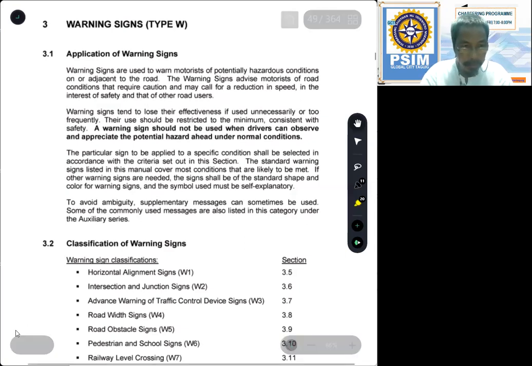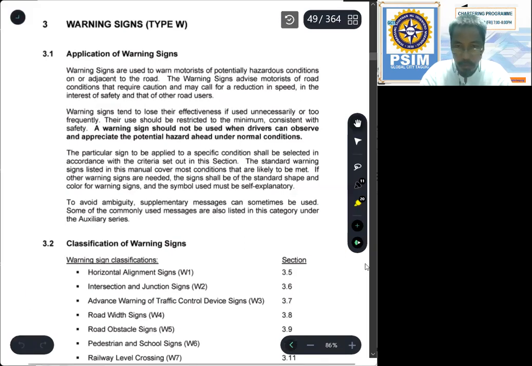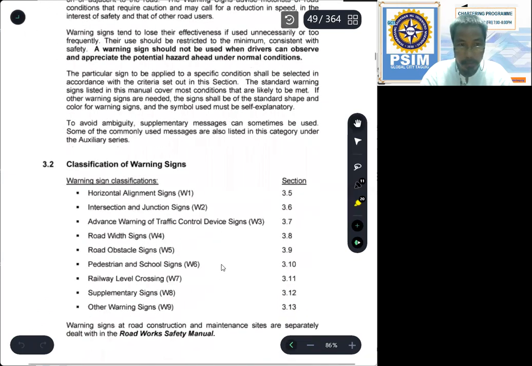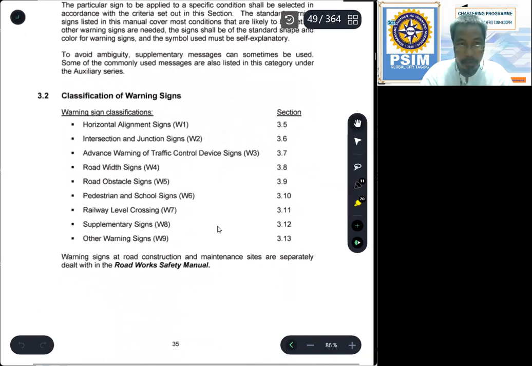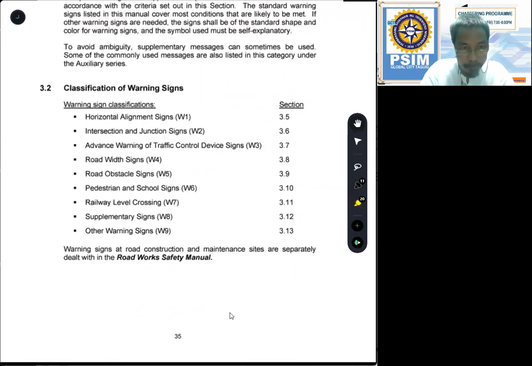So what are the classifications of warning signs? There are several classifications. Let's take a look. There are 9 different types of warning signs.